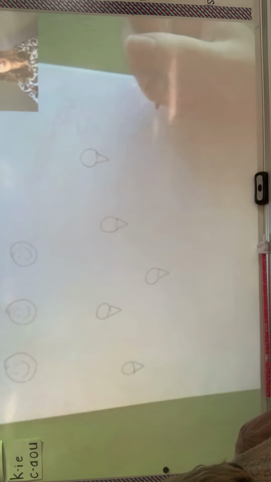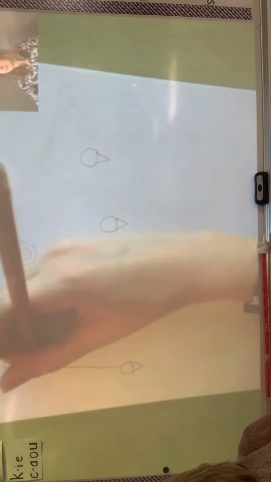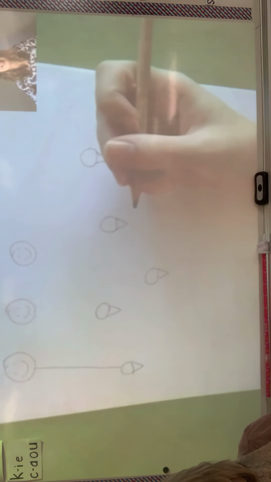Now let's look at the drawing. Is there more ice cream than students? Or the same amount of ice cream as students? Let's find out by drawing a line from each ice cream cone to each student. Pause the video to draw the lines.